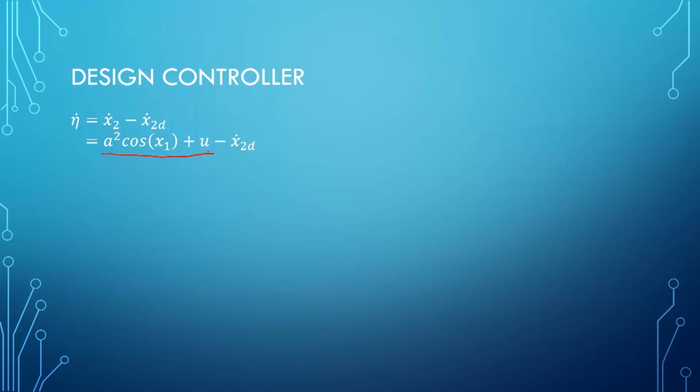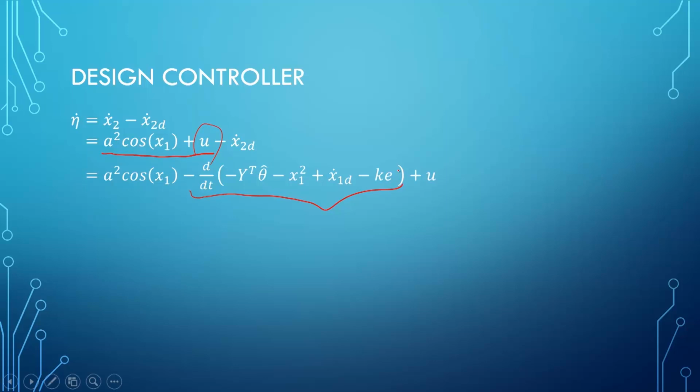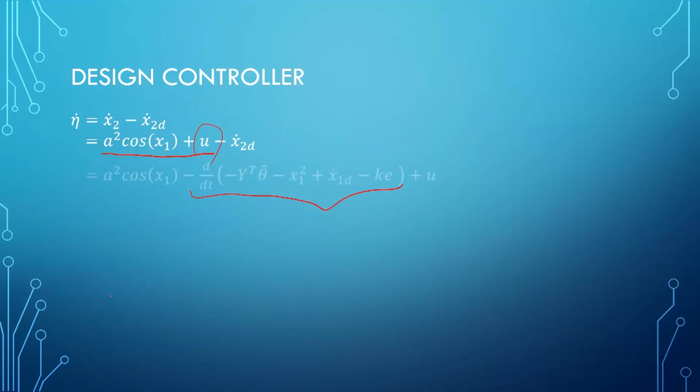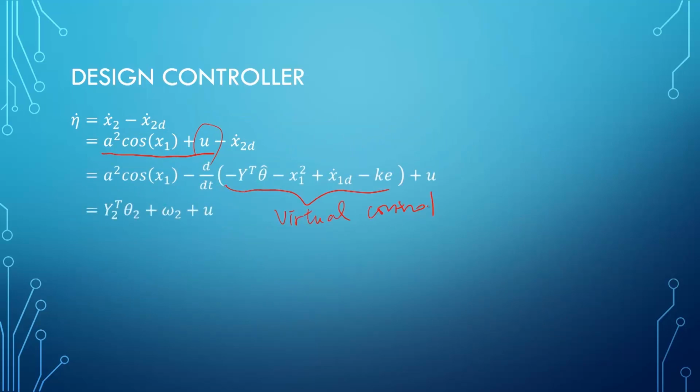This is the open-loop dynamics. Then you design the physical control input u, and this is x2d dot, the time derivative of the virtual control from the previous system.